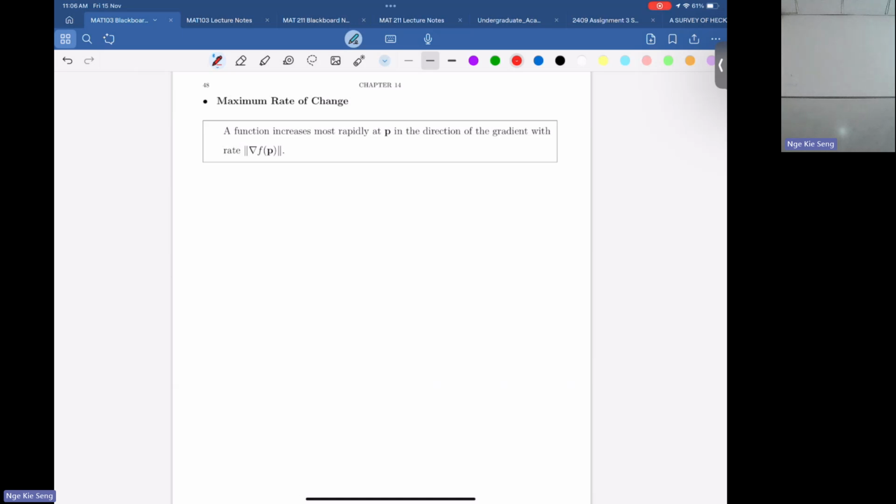So what it says: the function increases most rapidly at p in the direction of the gradient, with rate of the modulus of delta f at p.